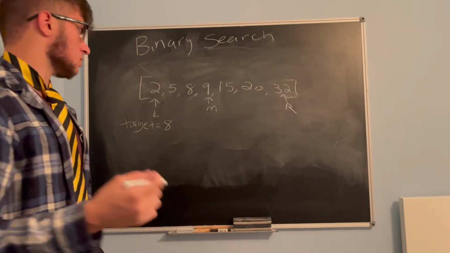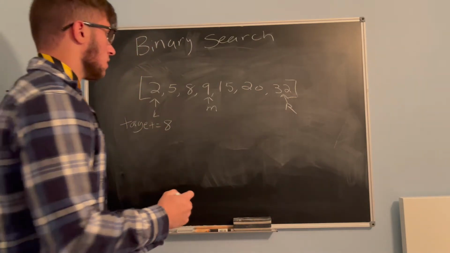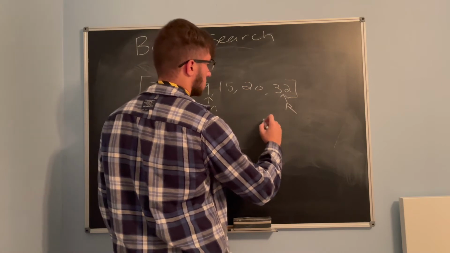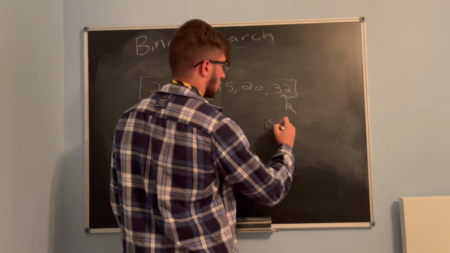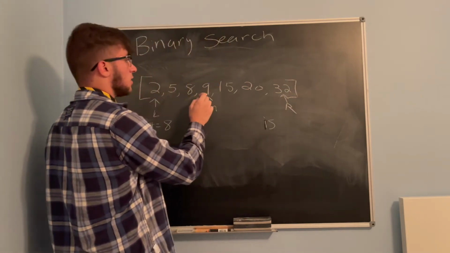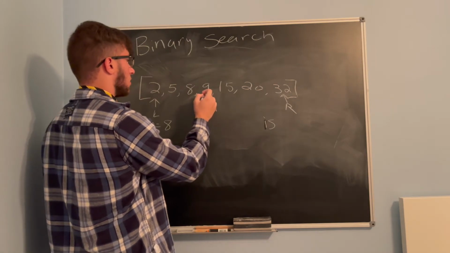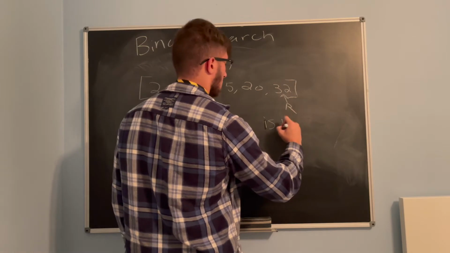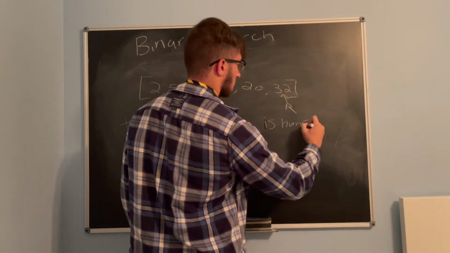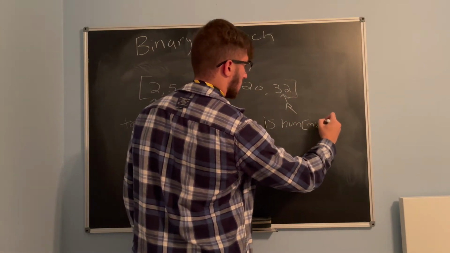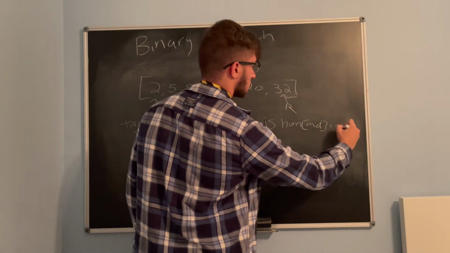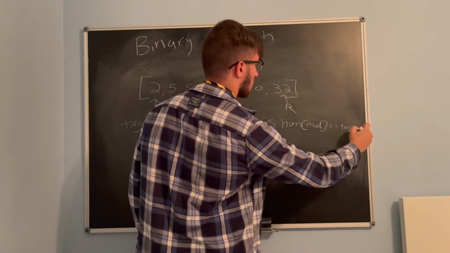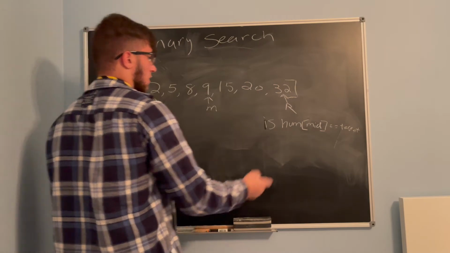And what we do is we ask 3 different questions. First we ask, is the number at the middle pointer our target number? That's the first question. So we say, is the num at mid equal to target? And if that is false, we ask another question.